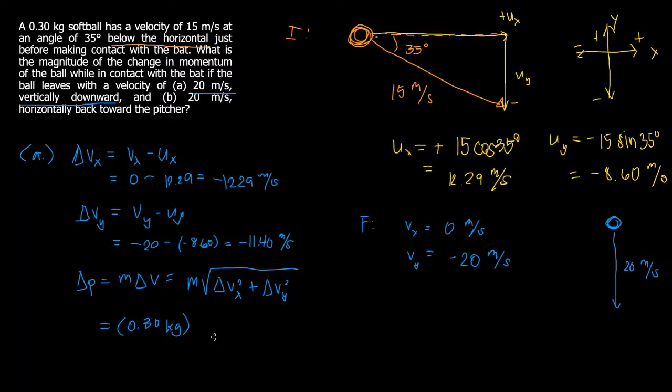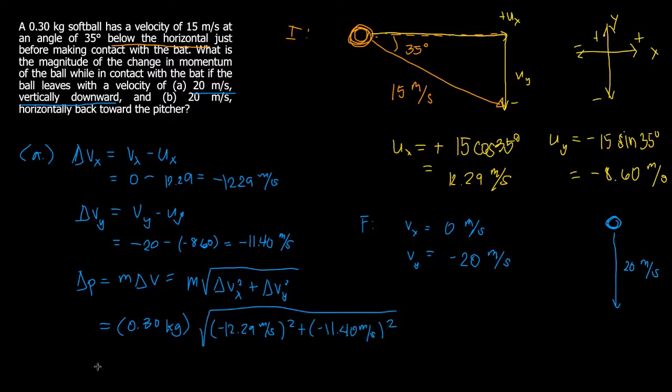That is negative 12.29 meters per second quantity squared plus ano yung delta v sub y? Negative 11.40 meters per second quantity squared. Tapos naka-square root yan.